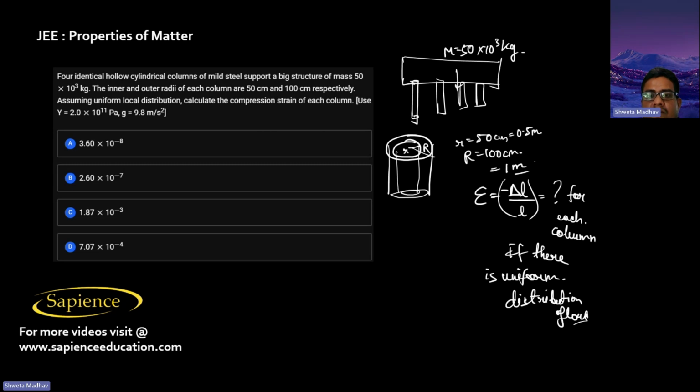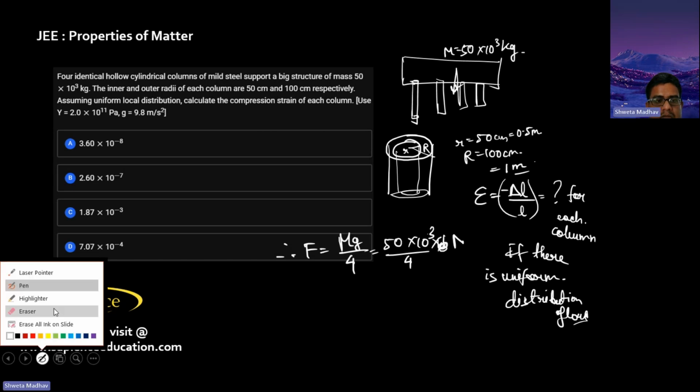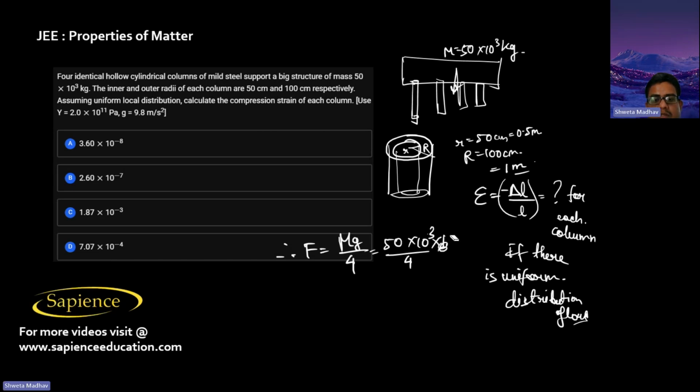So hence it means 1/4 of the weight will be the compressive load on each steel support. So therefore the load, that is equal to mg by 4, which is 50 × 10^3 divided by 4 into g, and we have to take g as 9.8.